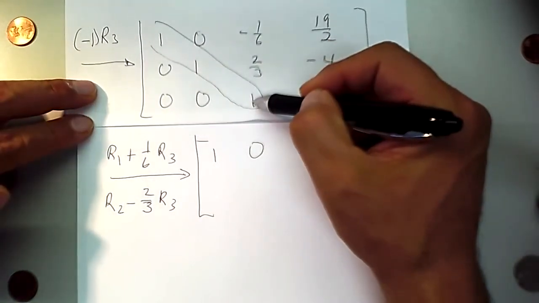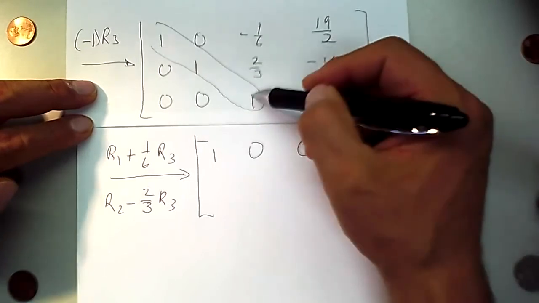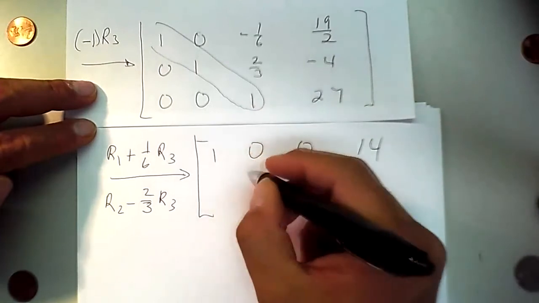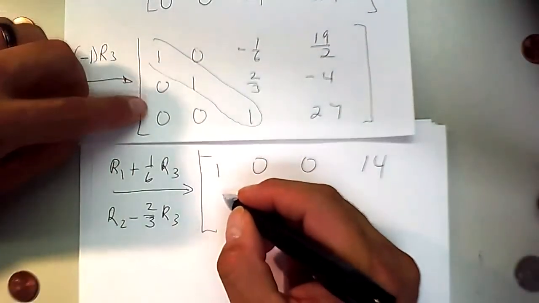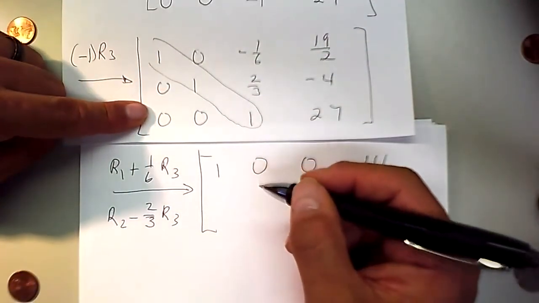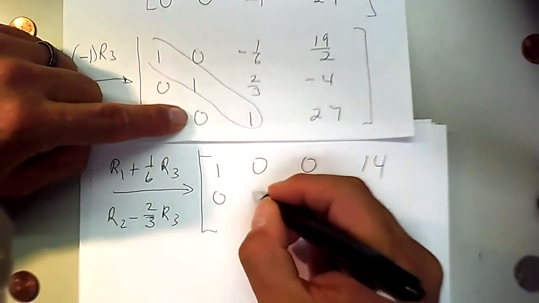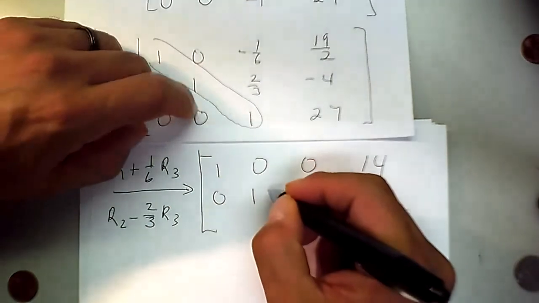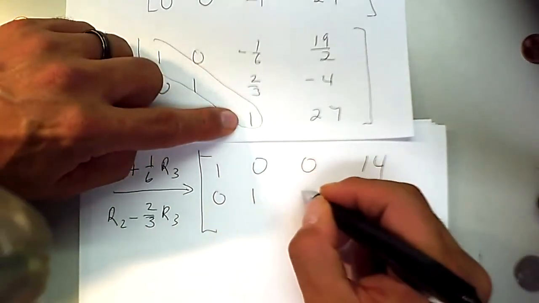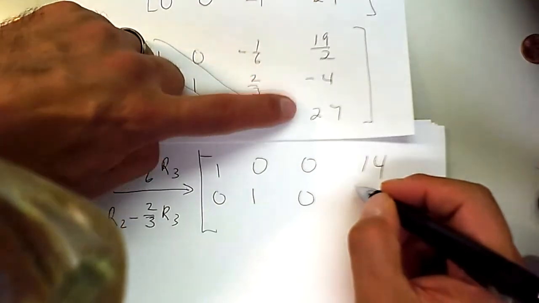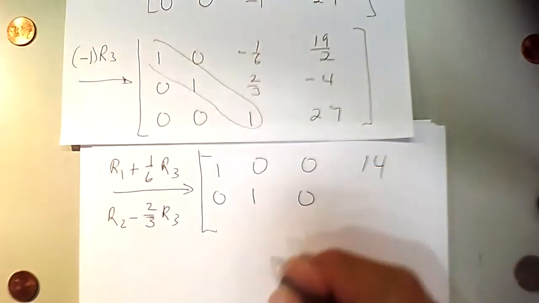Since we already started with a 1, multiply by 2/3, we get 2/3, subtract 2/3 minus 2/3, and there we have it. So 0 minus 2/3 of 0, 0. 1 minus 2/3 of 0, 1. 2/3 minus 2/3 of 1, 0. Negative 4 minus 2/3 of that.